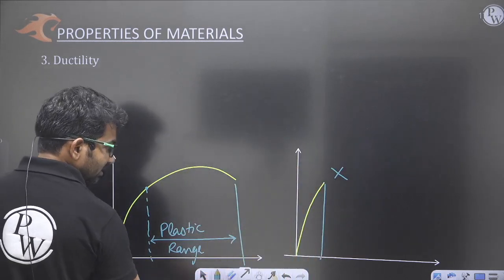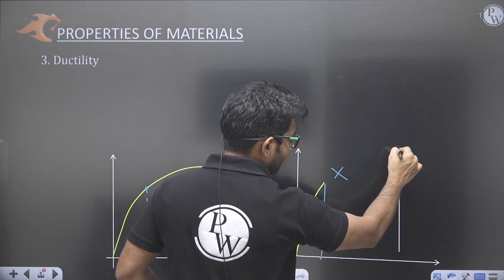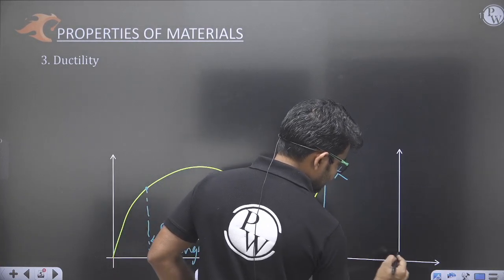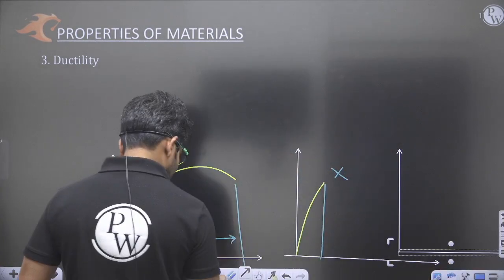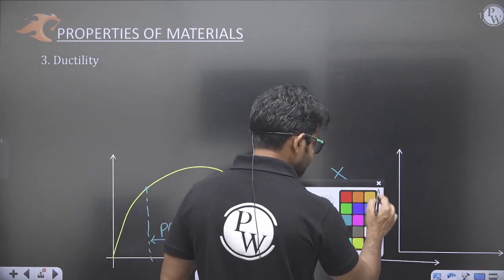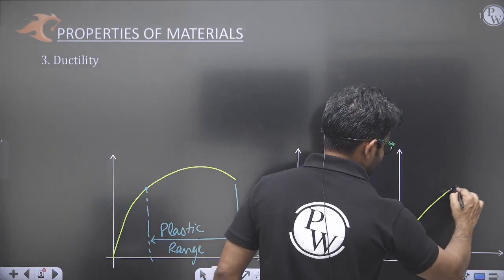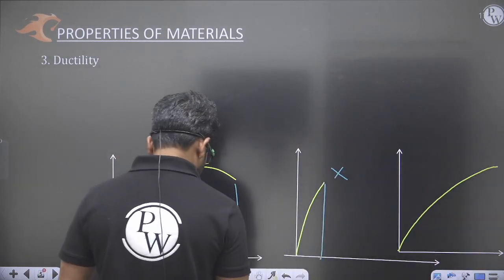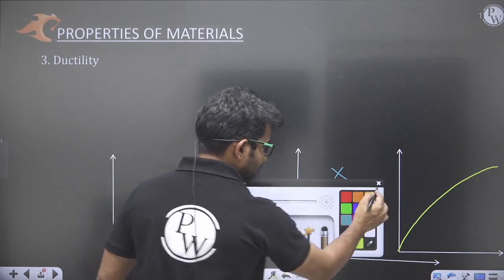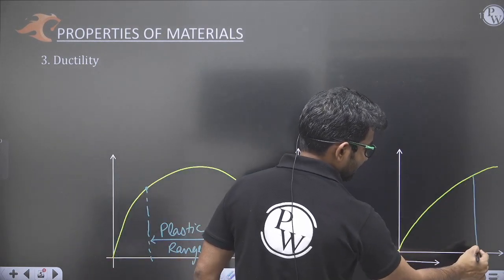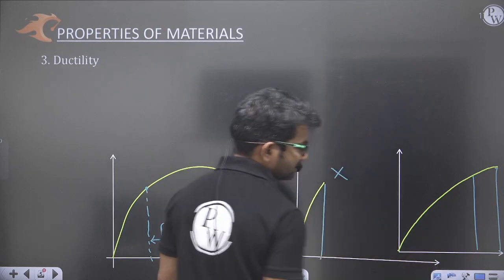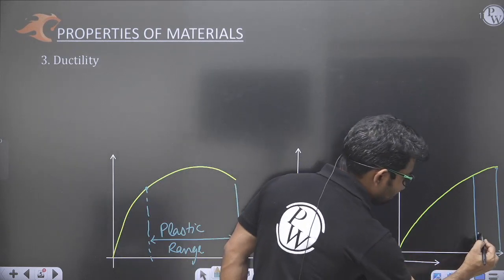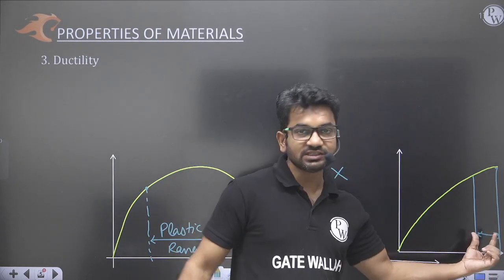Let us take another example. Suppose I have a material which has a stress strain curve like this. Here the material has a large elastic strain but very little plastic strain, so the plastic range is very small.